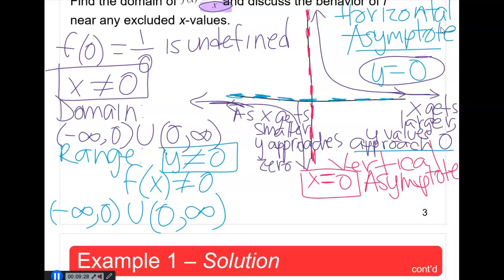Okay, now with our vertical asymptote, we could make two types of statements.